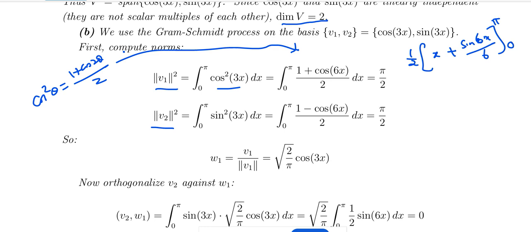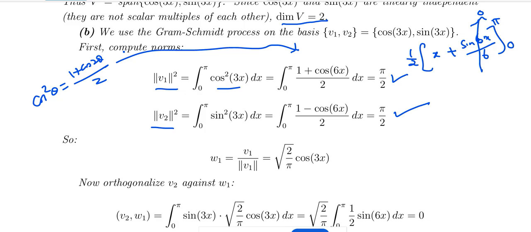Actually sin 6x becomes 0 at upper and lower limits, because sin of any integer multiple of pi and sin 0 are always 0. Only x remains, with only the upper limit contributing, so pi by 2 is the answer. In the same way, sin square 3x, the same procedure, is also pi by 2.